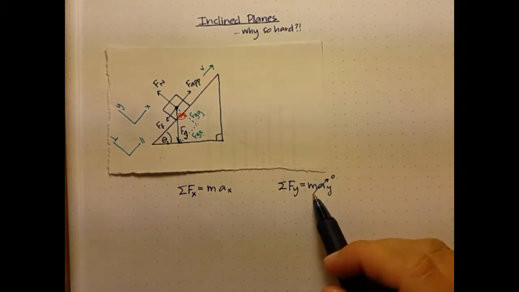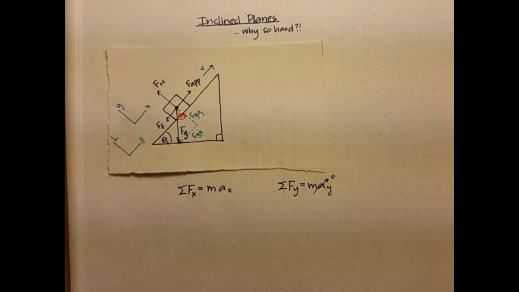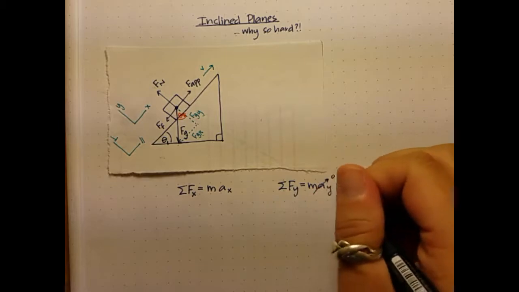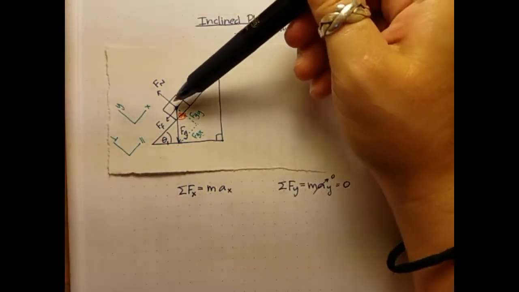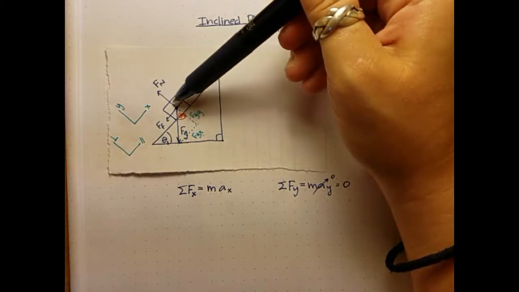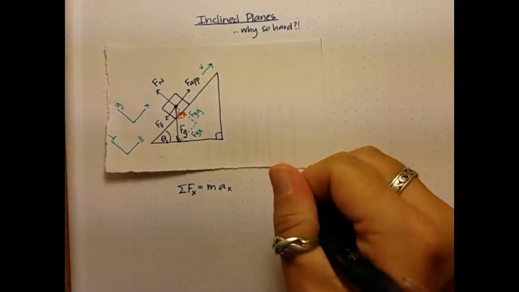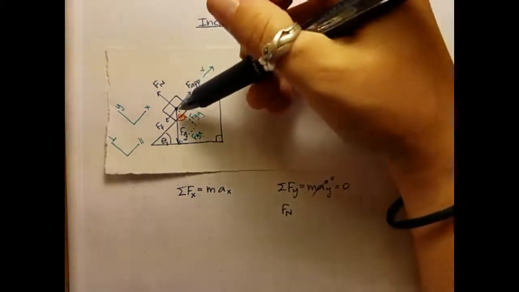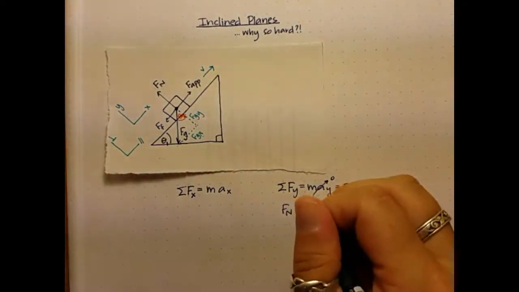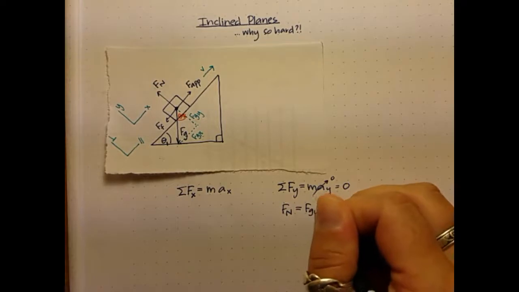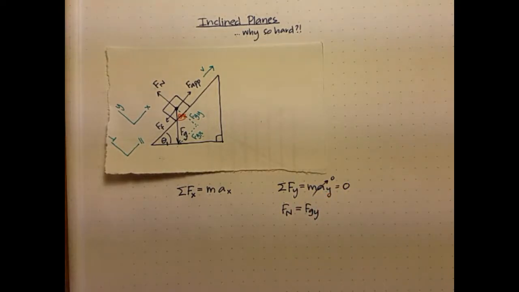So if the acceleration in the y direction is 0, then the sum of the forces in the y direction has to also be 0, which means that they have to be completely balanced. Well, what y component forces do we have? Just the normal, and I've called that in the up direction, and the y component of the gravitational force. So force normal has to equal force of gravity in the y direction, and that's it.